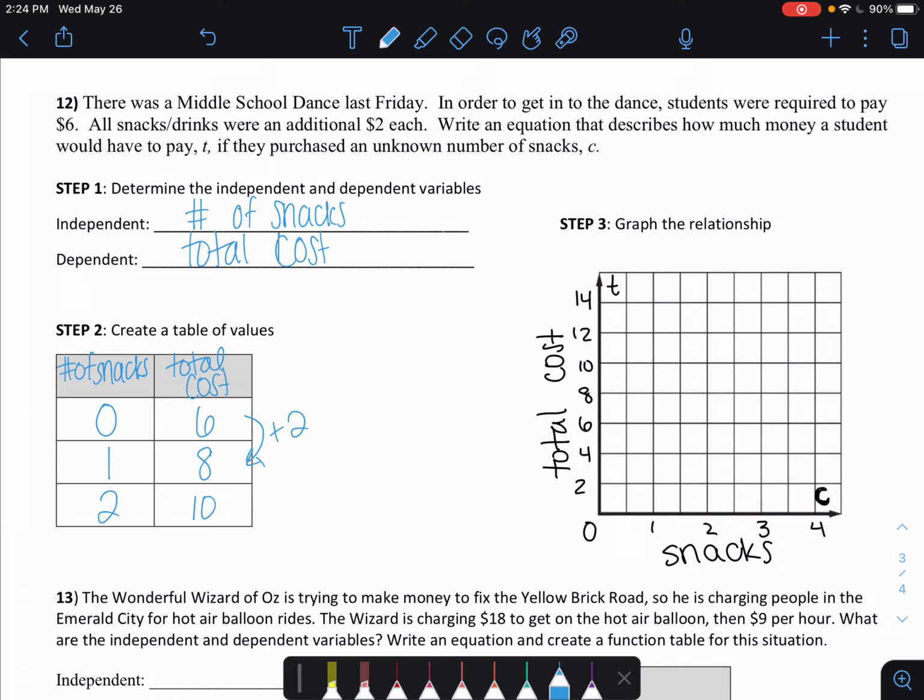My value should be going up by 2 each time because that is the cost of a drink or a snack. So my function is going to be C equals 2t plus 6. This is the $2 per snack. This is the cost to get in.